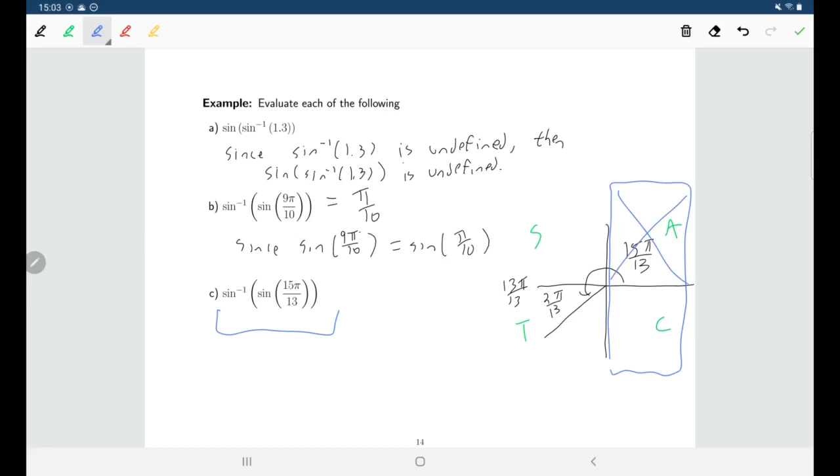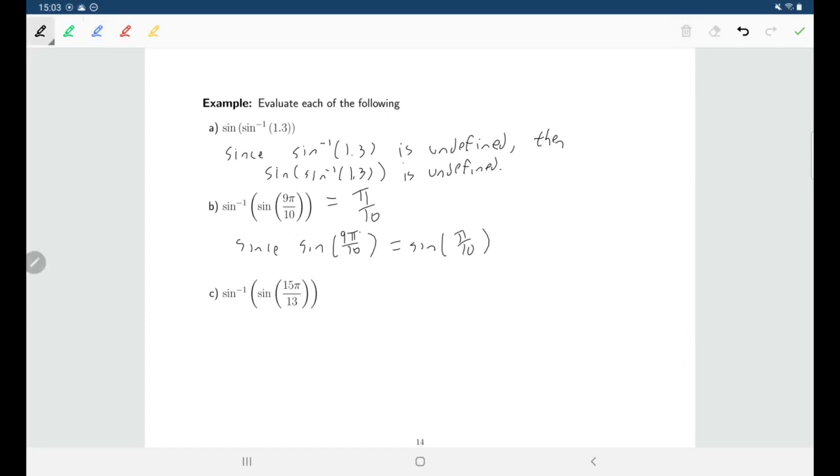So it means we must be in quadrant 4 for our output. And so if you're thinking about what would be the angle, you know that negative 2 pi over 13, that's an angle that's in quadrant 4. It has the same reference angle as 15 pi over 13, and sine is definitely negative in quadrant 4.